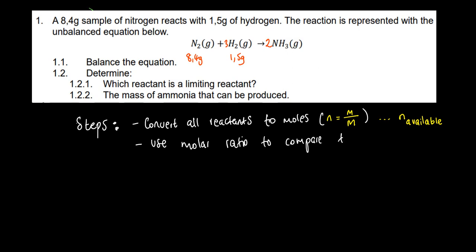So you would say number of moles of reactant 1 is to number of moles of reactant 2. Okay, perfect. Then what do you do? Write in the calculated available moles. So here you're going to put one of the available moles of the reactant 1.